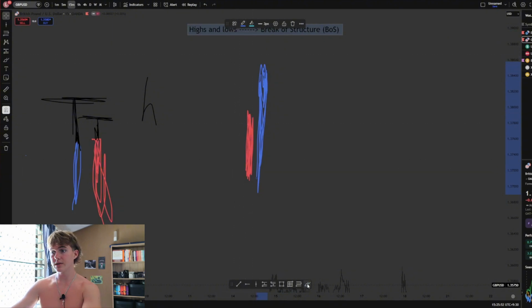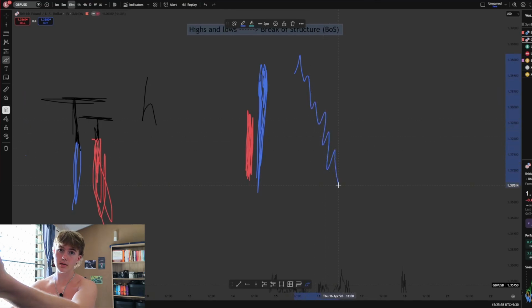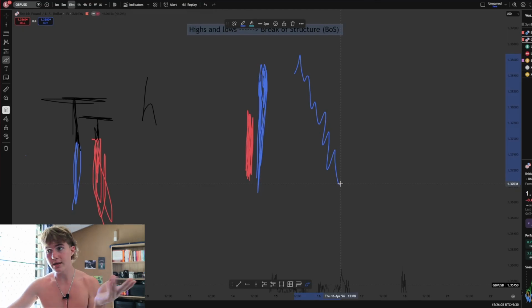That's the lowest point if we have a downtrend. There are lots of highs and lows individually in there, but if you think of anything going down, the most recent low is going to be where the most recent up move is.